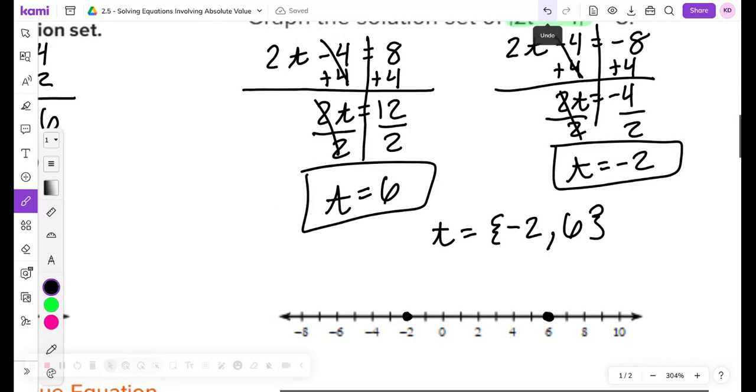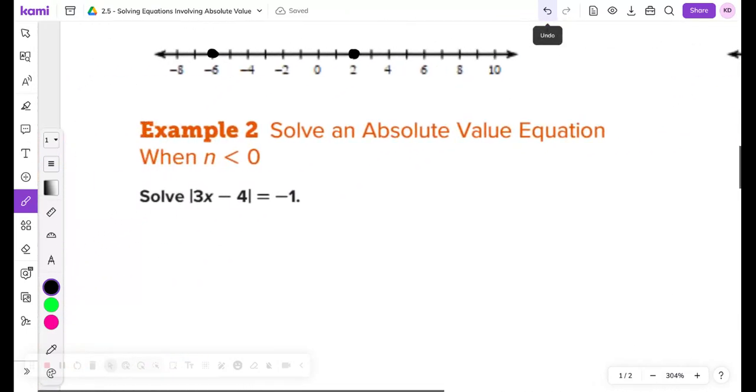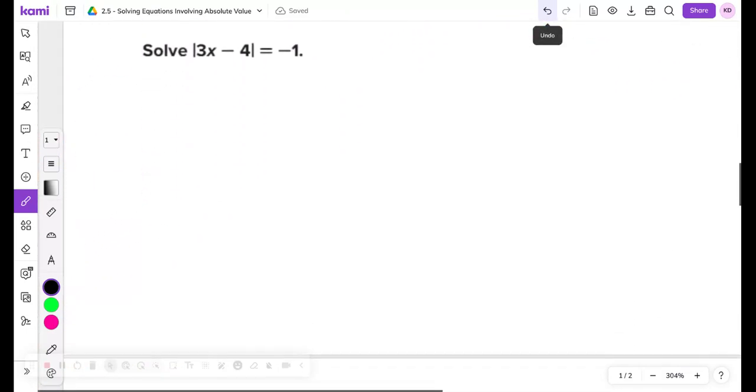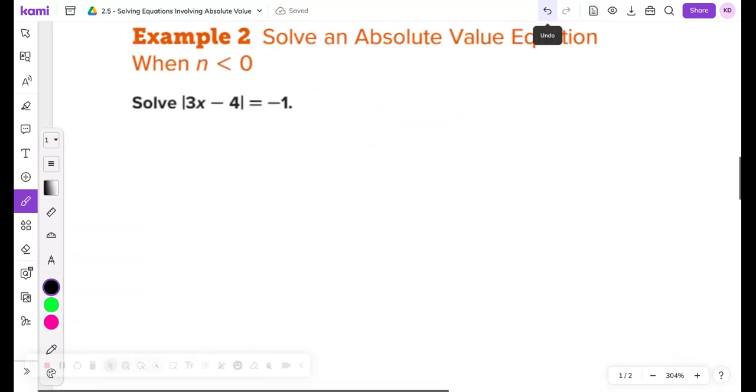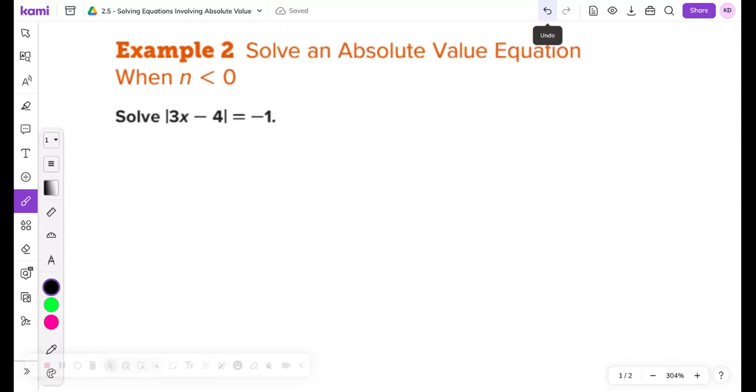So again, the biggest thing about solving absolute value equations is you're going to put the solutions on the number line. Now, what happens when my absolute value is equal to a negative number? Realistically, no matter what, I cannot get a -1. So for example, the absolute value of a -1 equals 1. The absolute value of a +1 equals 1.